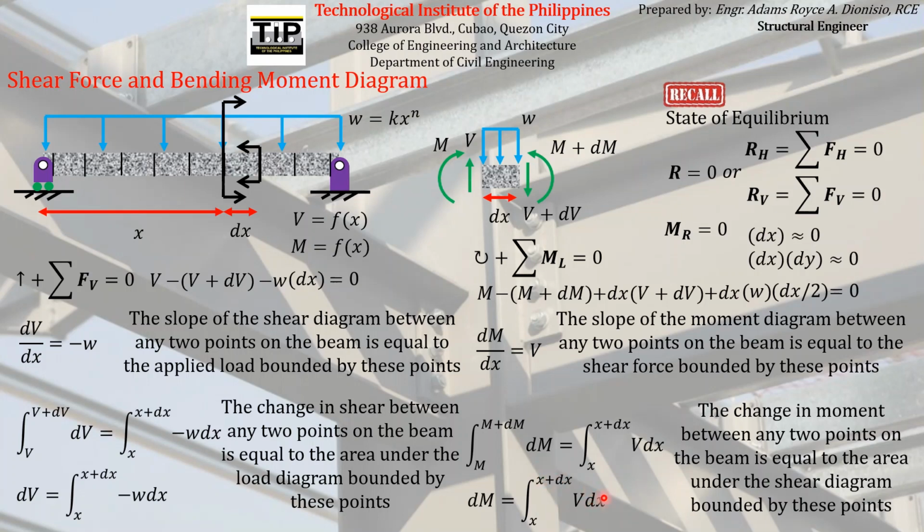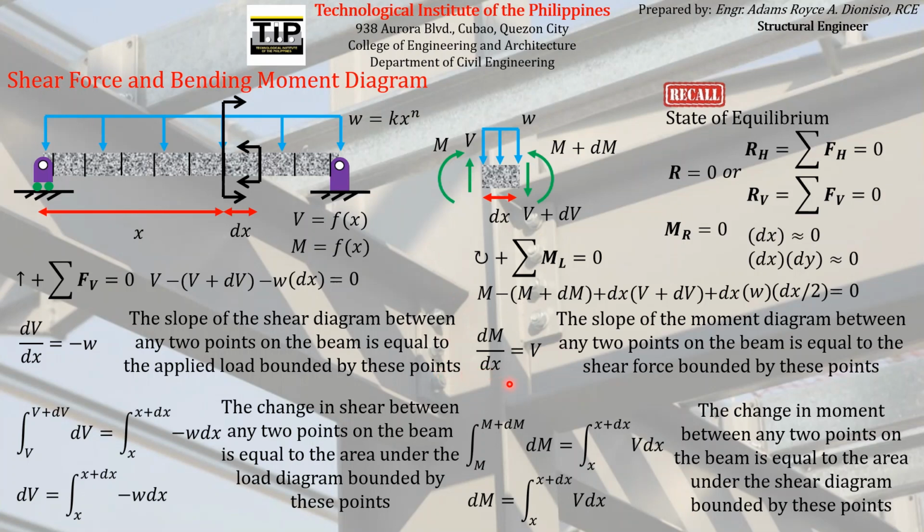So that is another useful piece of information that we have derived from this derivation. So these two statements are the information that we will use in order to provide a simple procedure on how to draw shear force and bending moment diagram.